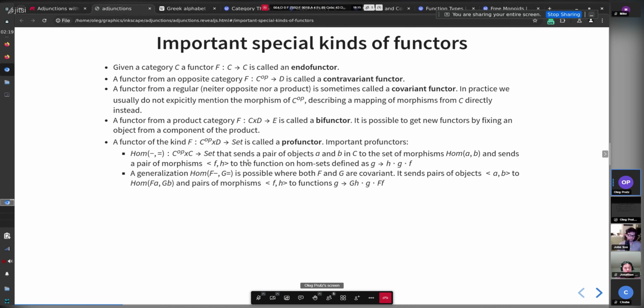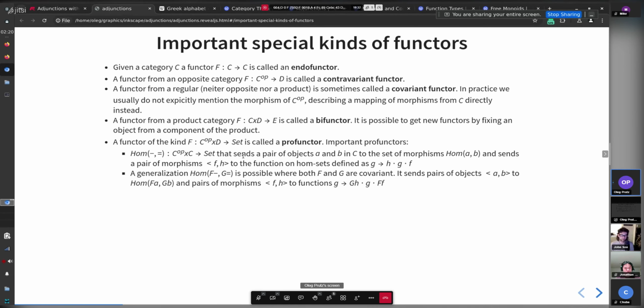Remember sets of morphisms. So given two objects, there's always a set of morphisms between those objects.